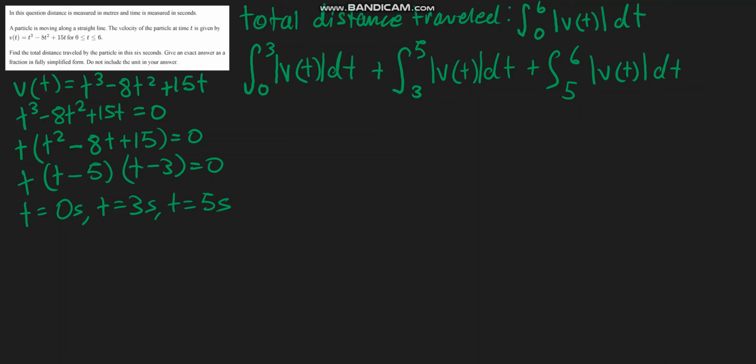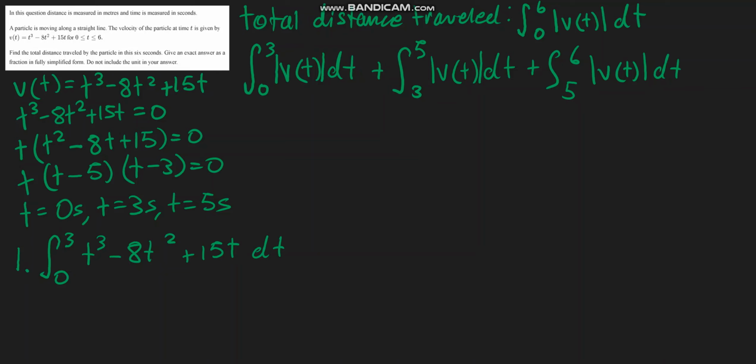Alright, so we are going to piece this together. We're going to solve it one by one. We'll start with 0 to 3 first. Integral from 0 to 3, and we're going to put the full function first for us to look back on, dt.